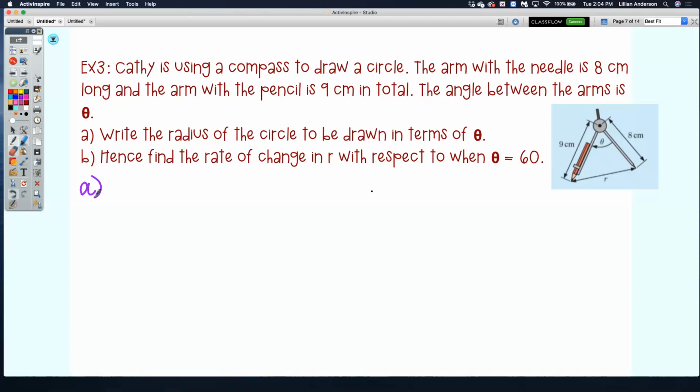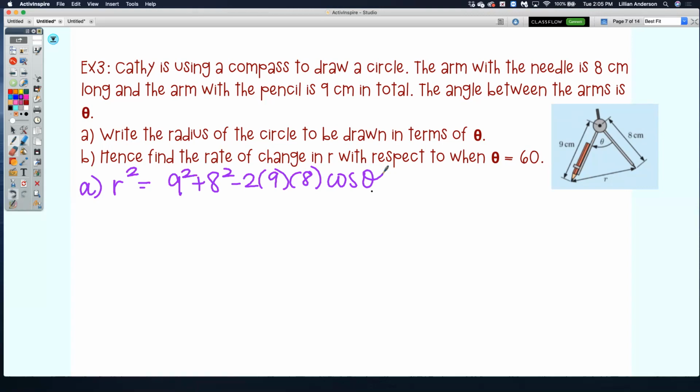The long one, because we're looking for R, and the formula said a squared equals b squared plus c squared minus 2bc cosine A. So the side that we wanted to find was equal to your other 2 sides squared minus 2 times your 2 sides times the cosine of the angle opposite of the side you were trying to find, which in this case is theta. Well, not R yet, but R squared is in terms of theta.